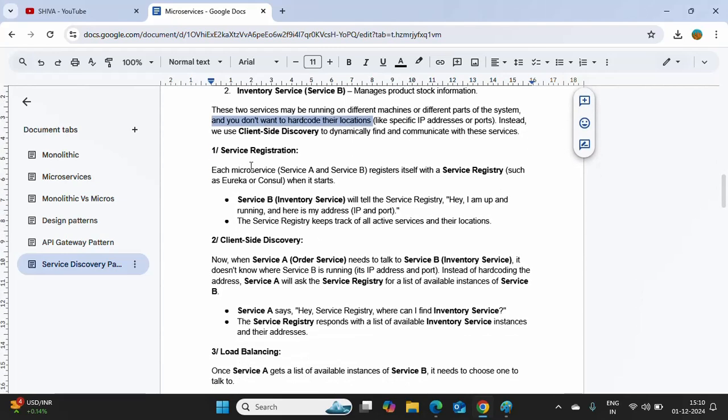In the first step, the service registry setup: each microservice registers itself with a service registry, which we are going to use as Eureka, when it's up. That means whenever the service is running, it registers its metadata information with the service registry.